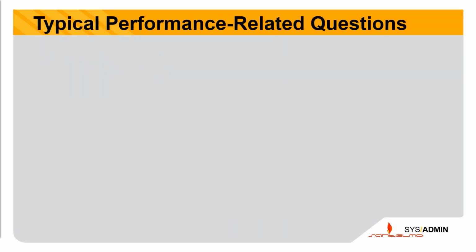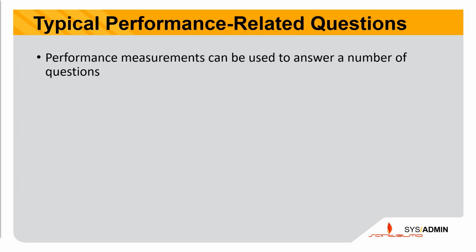Next would be typical performance-related questions. Performance measurements can be used to answer a number of questions, and these questions could help us improve the performance. If we are asked how to improve the performance of the network, these questions could help you.